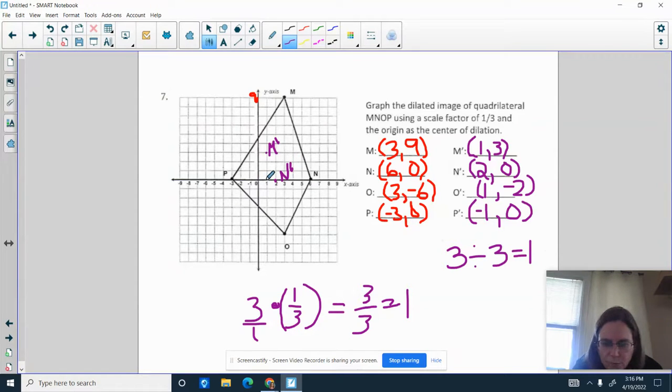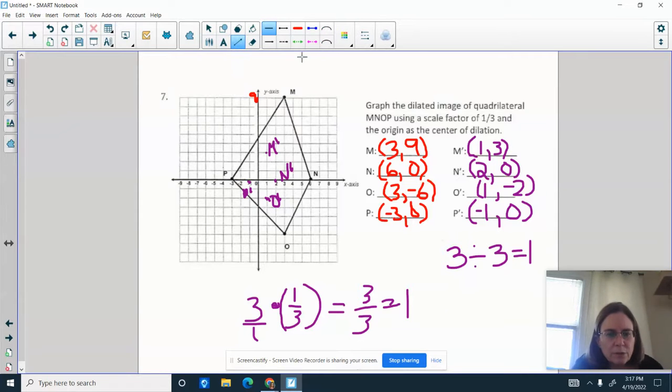O is +1, down to -2, and that's O prime. P is over to -1 and then up 0, so it's just on the x-axis. That's P prime.